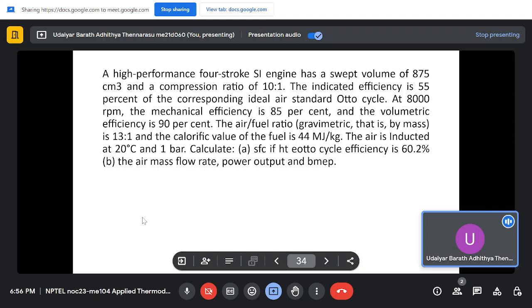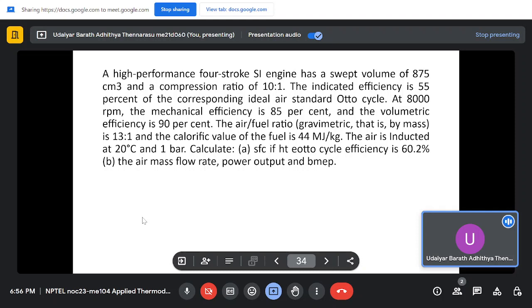Moving on, the next question is, we have a high performance 4-stroke spark ignition engine which has a swept volume of 875 centimeter cube and has a compression ratio of 10:1. So we know swept volume 875 centimeter cube. This is for a single cylinder, and compression ratio is also known, 10.